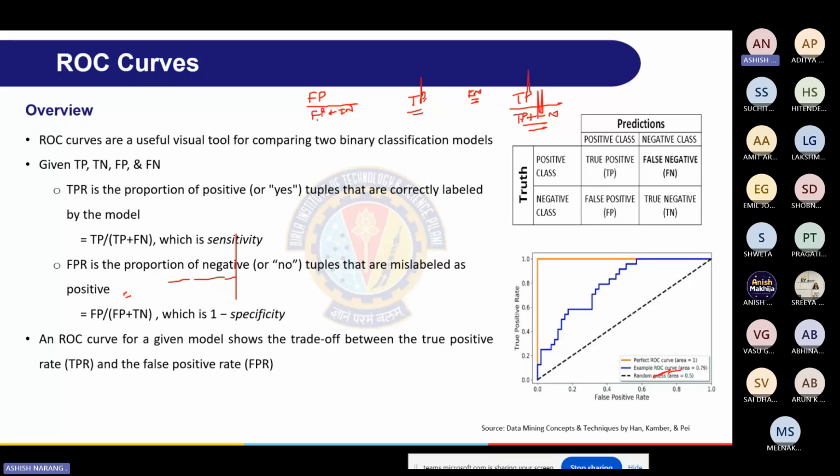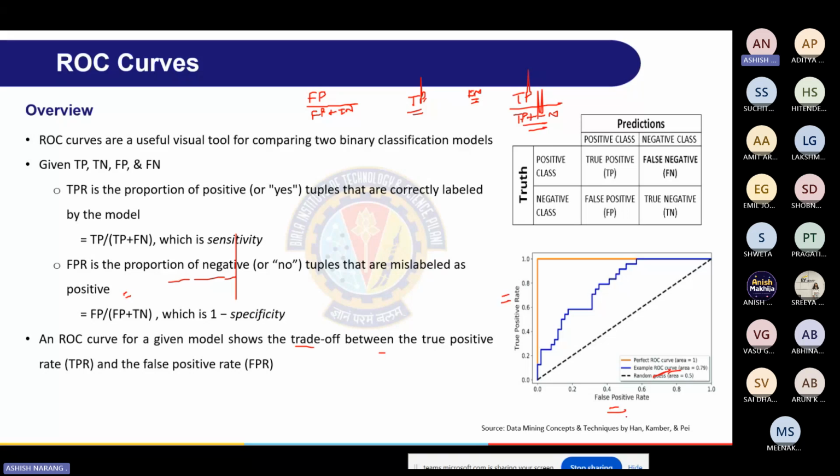So now, a very, very important aspect. An ROC curve for a given model shows a trade-off between true positive rate and false positive rate. What this graph says is, on one side we have true positive rate, on the other side we have false positive rate.